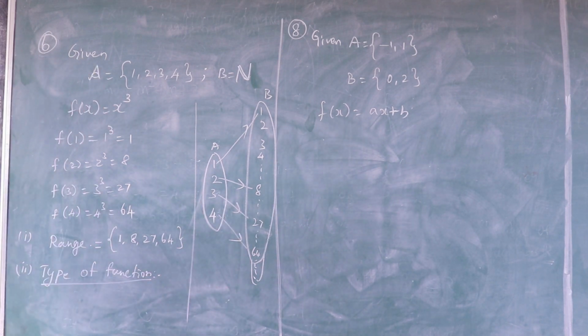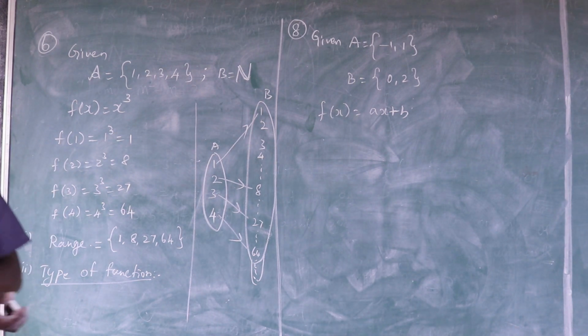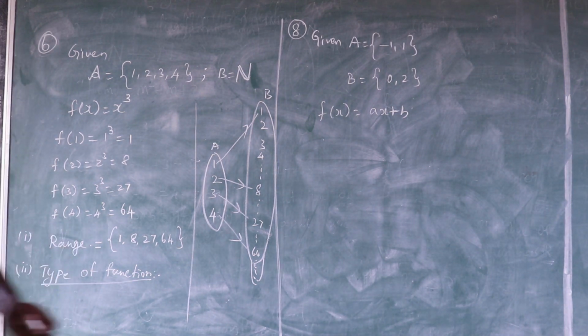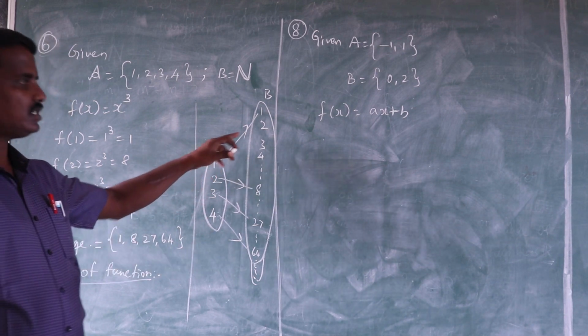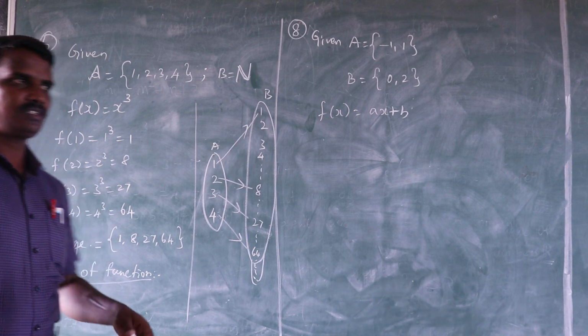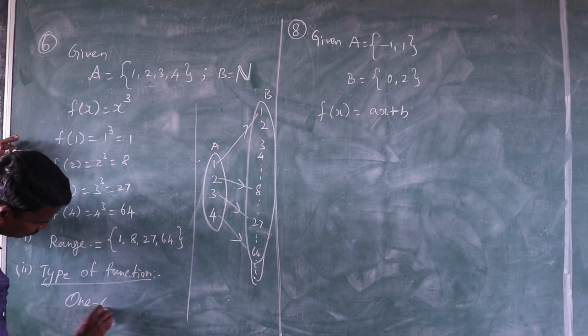What's the type of this function? So every element in A has a distinct element in B. What is its type? So good. It's one to one function.